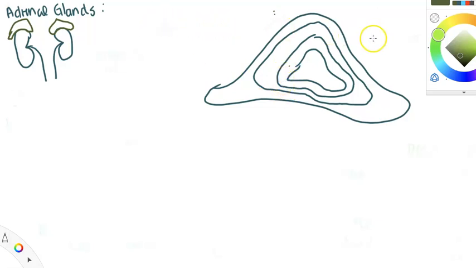So there's two parts of the adrenal gland. The cortex, which is glandular tissue, and the medulla, which is neural.